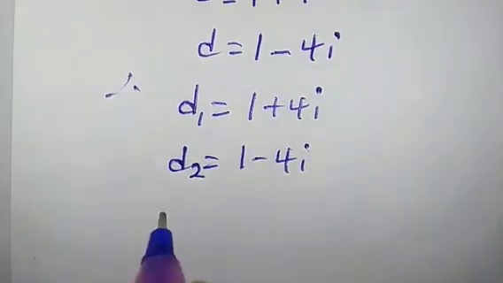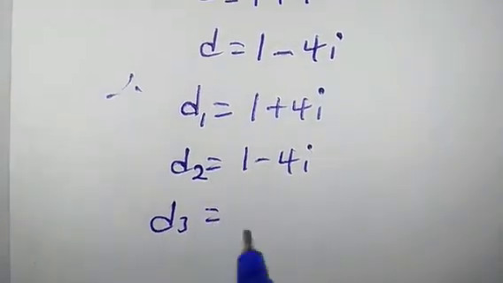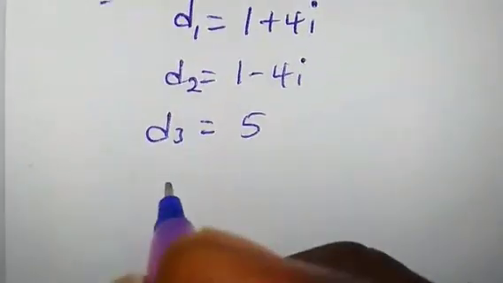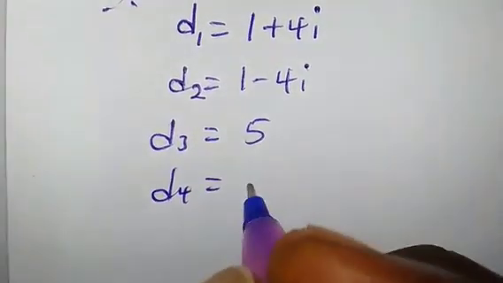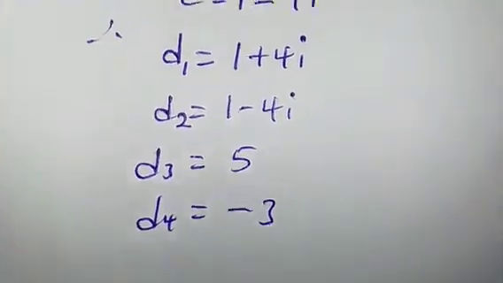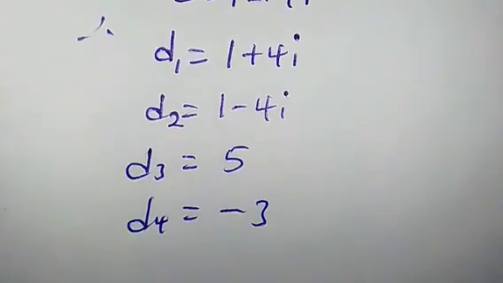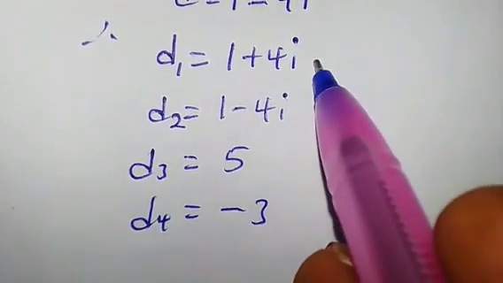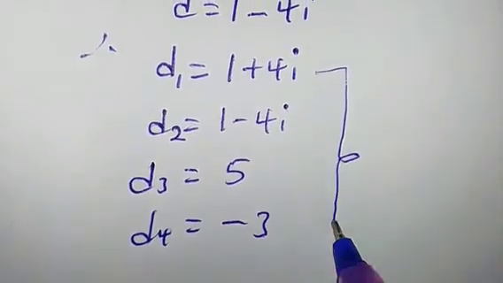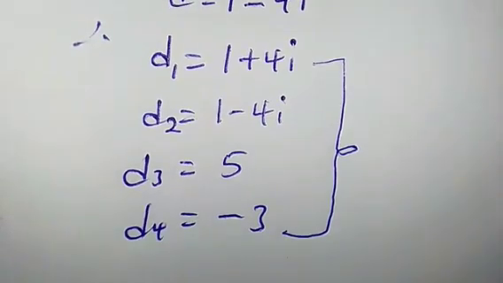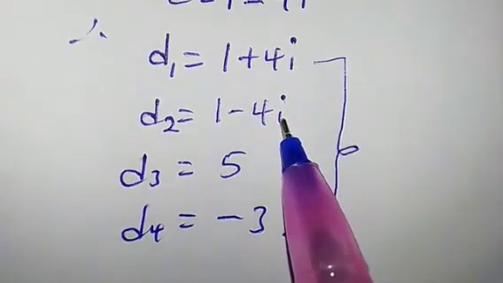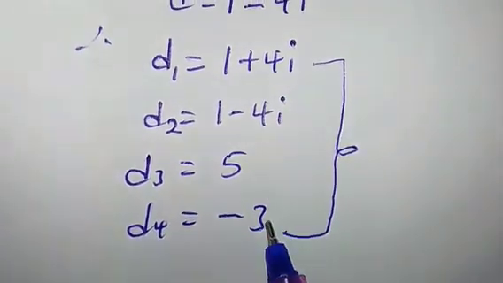So respectively, we have d3 equals 5 and d4 equals negative 3. You will see that we have four distinct solutions for this equation, two complex solutions and two real solutions.